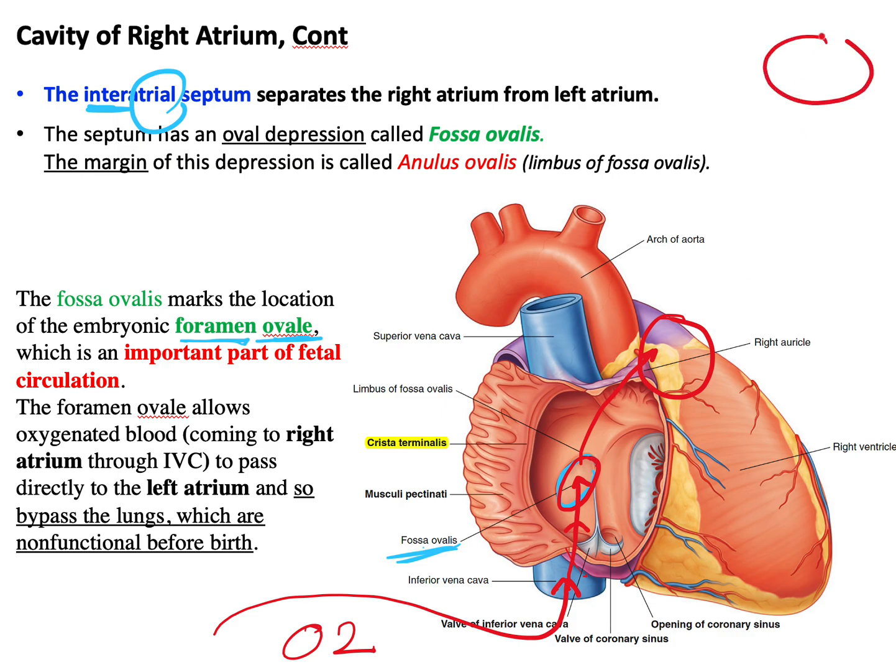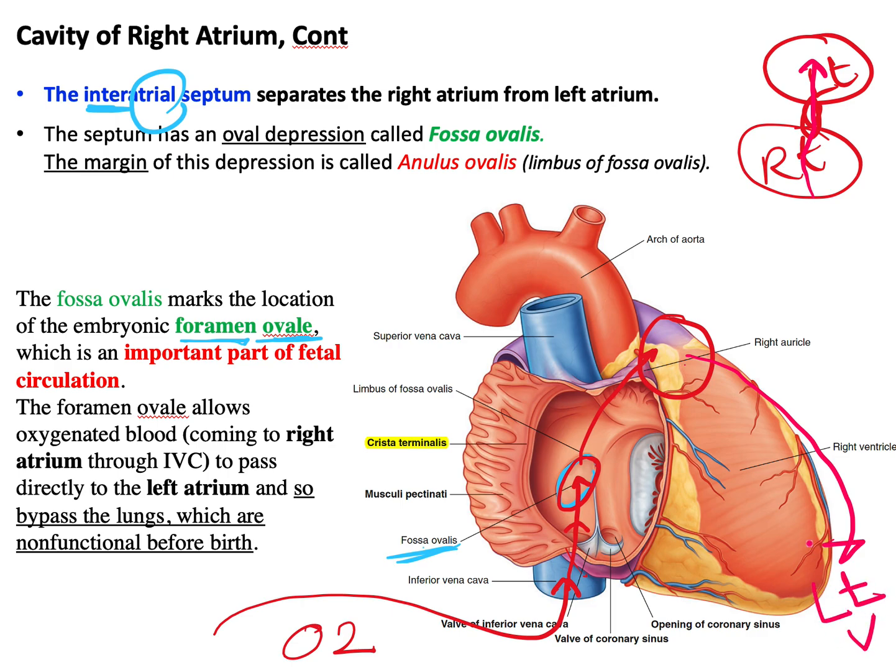So you have the left atrium and the right atrium anterior, and there is an opening in between. So the blood will go directly to the left atrium, then from the left atrium, as you know, to the left ventricle, then from the left ventricle to the aorta and to the rest of the body of the fetus. Oxygenated, ready for use.